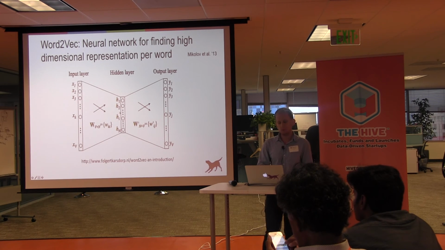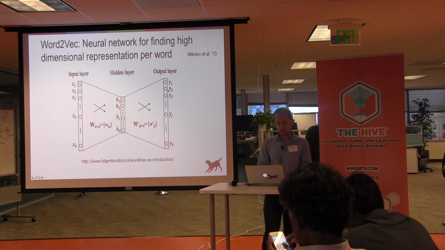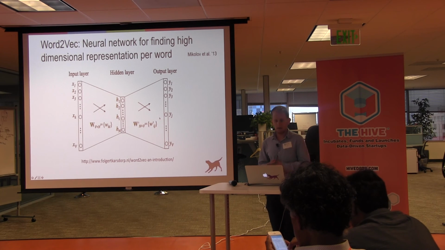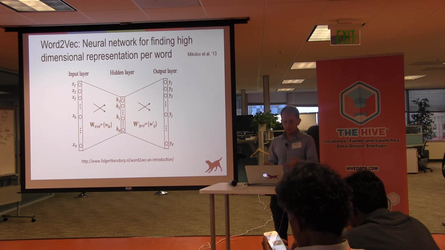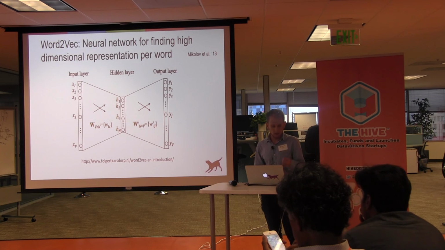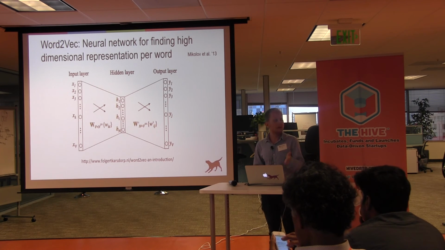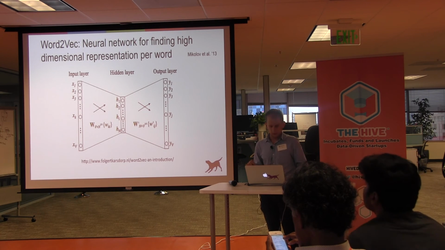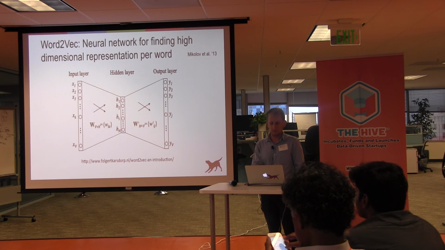And from there, you would go through this neural net, and you would try to give high probabilities for the nearby words. And just like before, if we wanted a deep representation, a deep feature embedding for that input word, you would go to this hidden layer and just pull out the vector there.